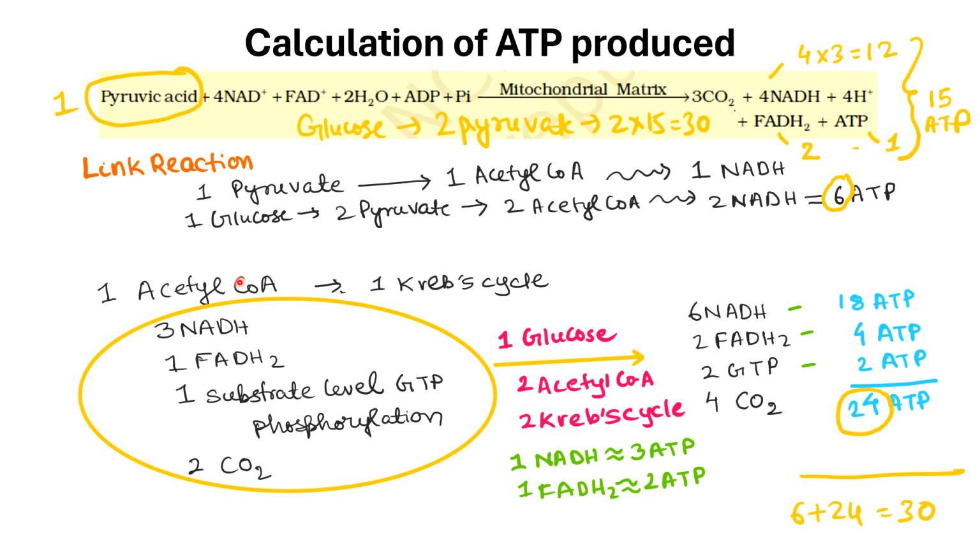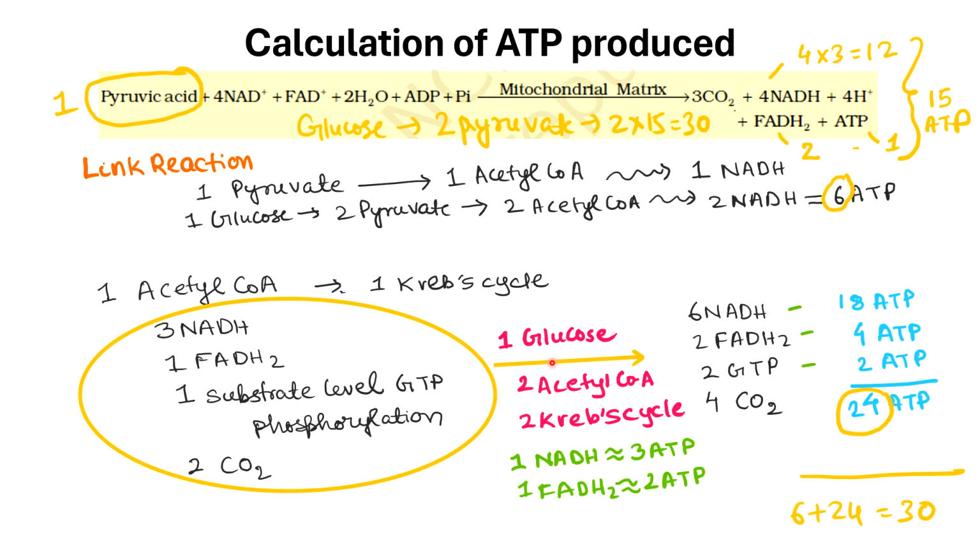Now let's see the Krebs cycle. One molecule of acetyl coenzyme A enters the Krebs cycle, and here three molecules of NADH are produced, one molecule of FADH2 is produced, and one substrate level GTP or ATP is produced. Also, two molecules of carbon dioxide are produced here.